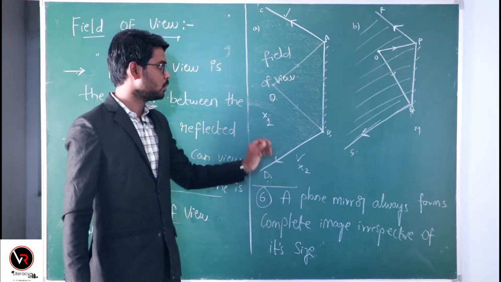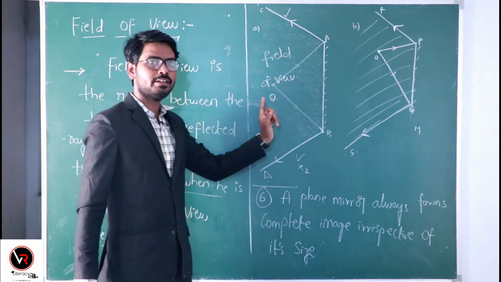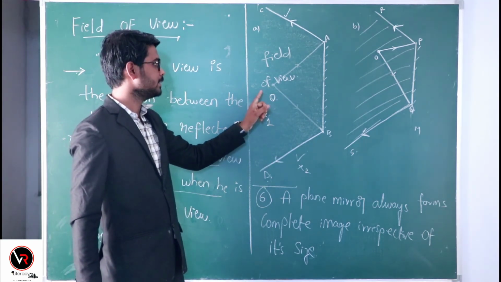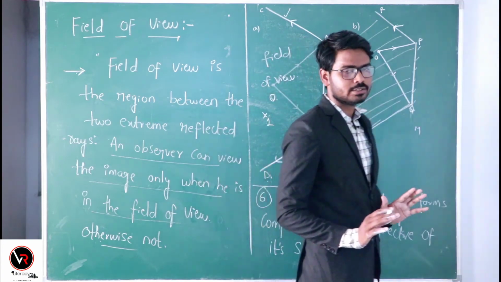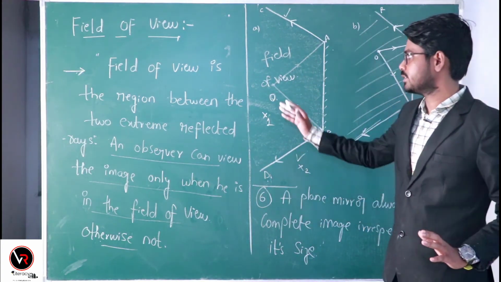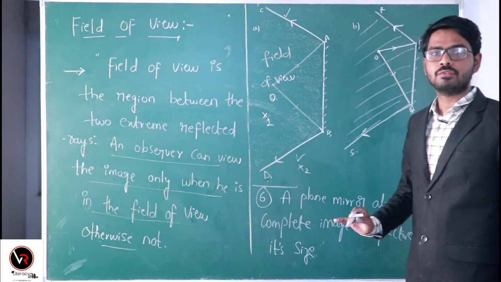So the observer can see the image in the mirror only as long as he is in the field of view. Otherwise, he cannot see the image. This is all about field of view.